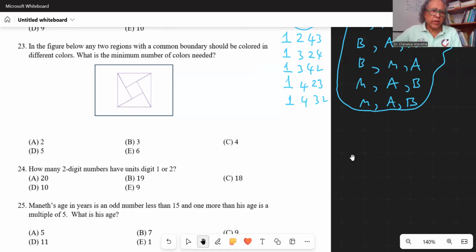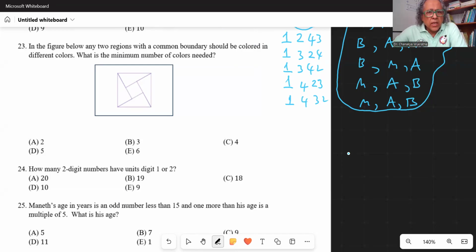The same thing here, but instead of countries, we have regions bounded by straight line segments. Now, the world map is not like that. The boundaries are not straight line segments. All kinds of curves are there. But the same thing. If two regions have a common boundary, we color the two regions in different colors.